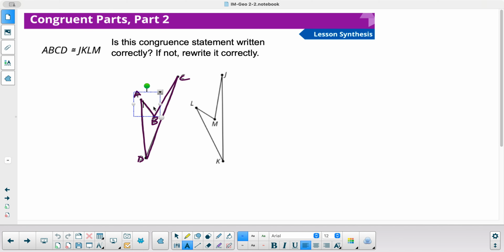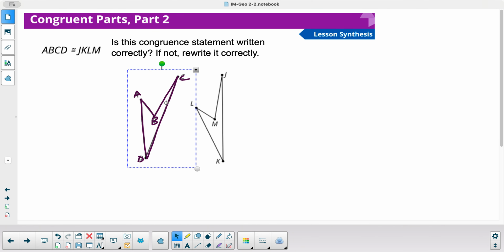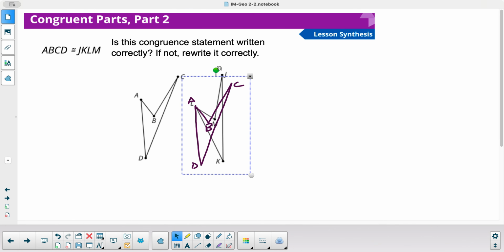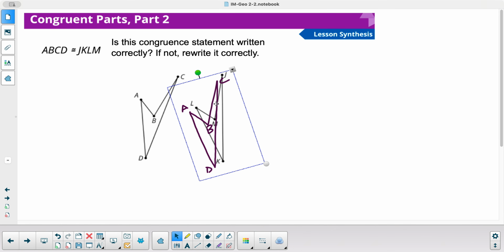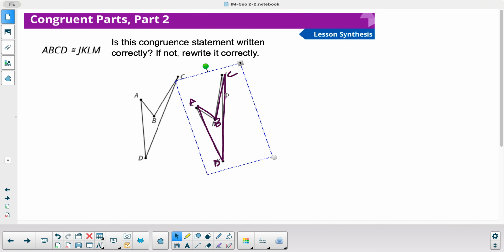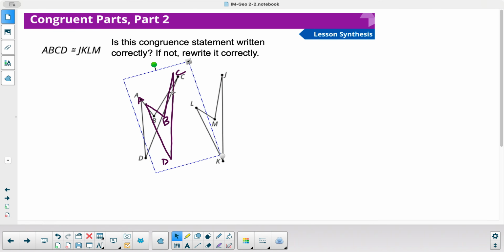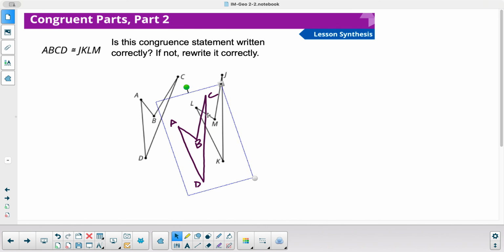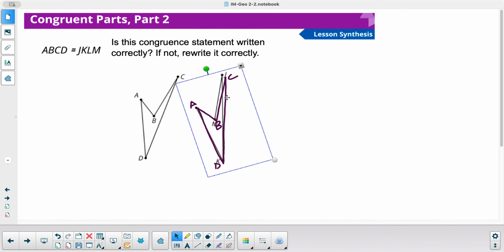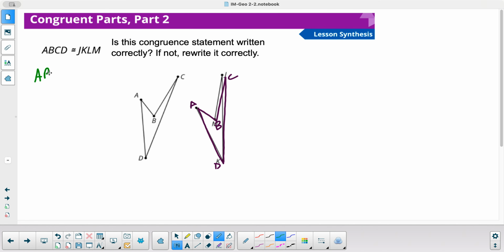So let's see if this works. I'm going to get that A to line up, and then I'm going to rotate it. And there we go. So A is with L. B goes with M. So it's going to be different here. So this is going to be ABCD is congruent to, what did I say it was?